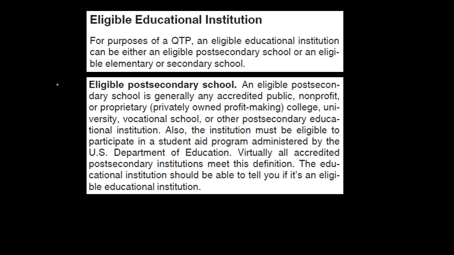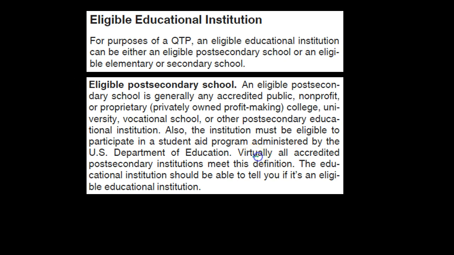An eligible post-secondary school is generally any accredited, public, nonprofit, or proprietary, privately owned, profit-making college, university, vocational school, or other post-secondary educational institution. Also, the institution must be eligible to participate in a student aid program administered by the U.S. Department of Education. Virtually all accredited post-secondary institutions meet the definition.